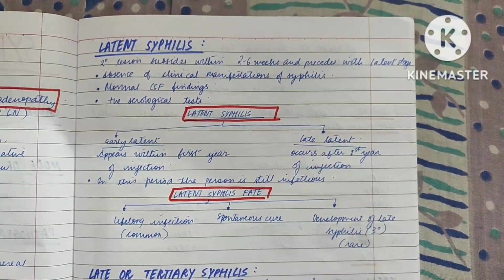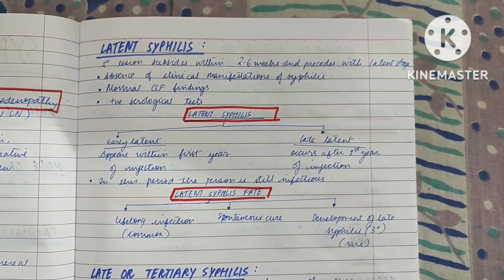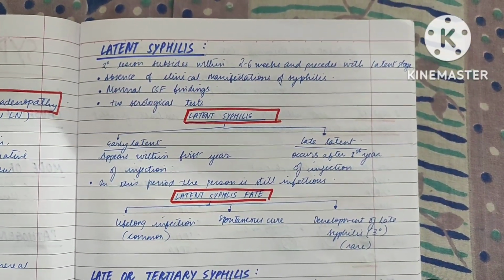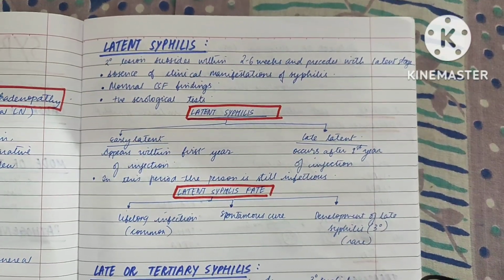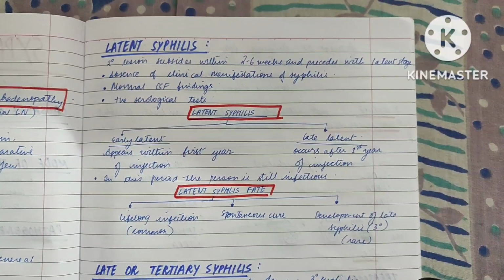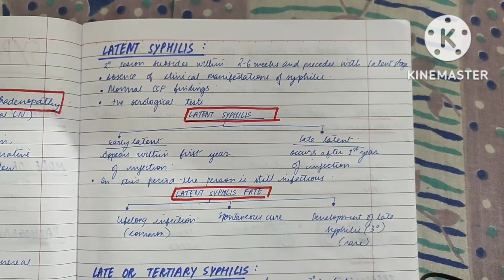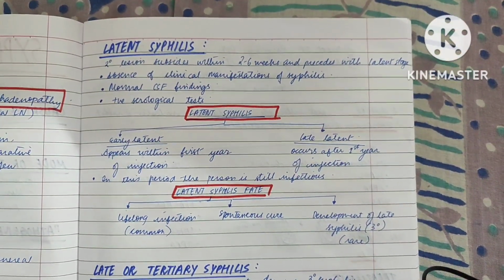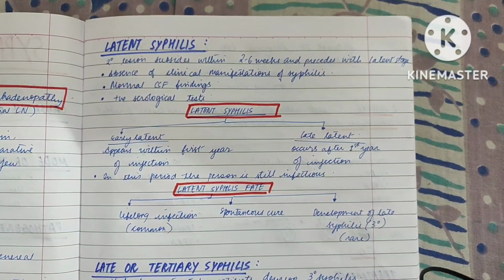Latent syphilis has 2 phases, early latent and late latent. Early latent appears within the first year of the disease, and late latent appears after the first year of the infection. But even in this latent period, the person is still infectious.